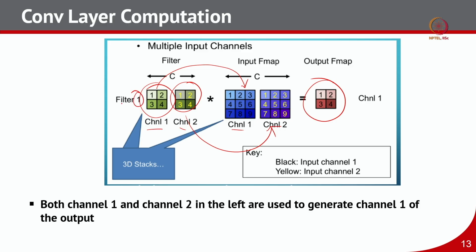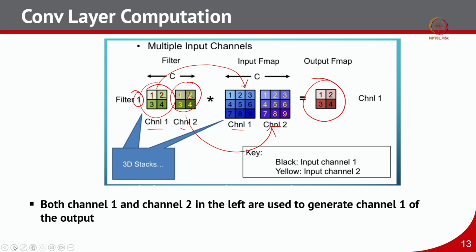That is why we have this filter 1 here. And again, the key is that the entry in black is input channel 1, and the entry in yellow is input channel 2. So, both channel 1 and channel 2 on the left are used to generate channel 1 of the output.